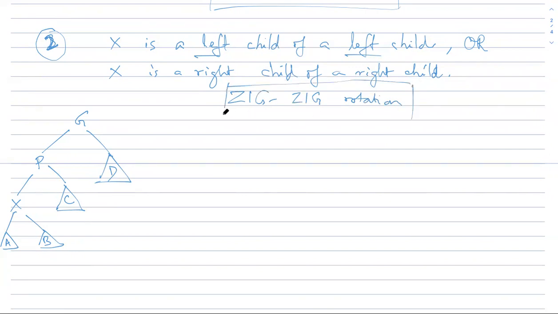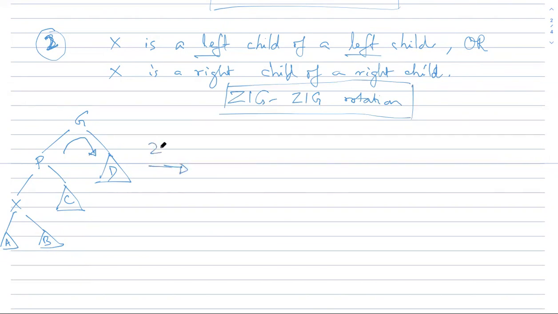The rotation will be in the same direction. Now the question arises, which rotation to give first, whether to rotate around P first or G first. This is what you have to remember. The step for this one is rotation around G first, the rotation around the grandparent first. And we'll discuss in a short while why that is so.